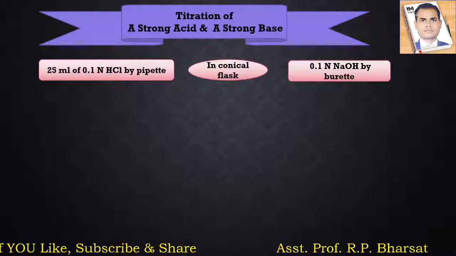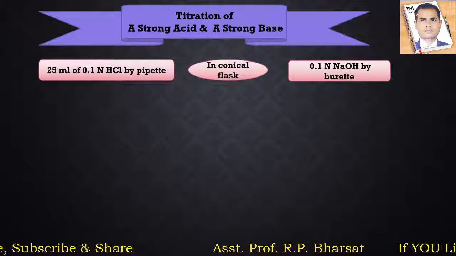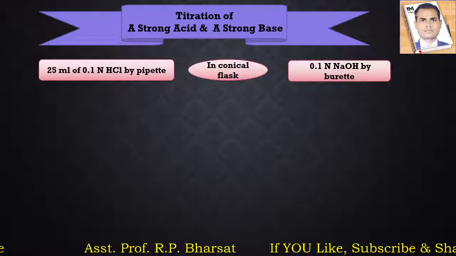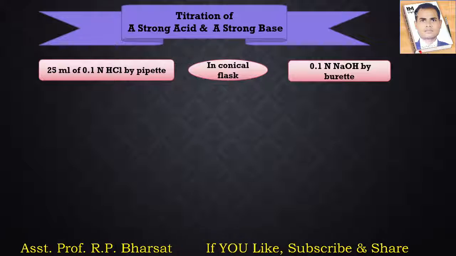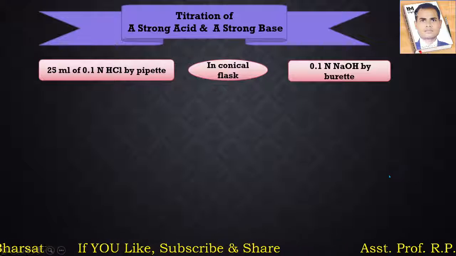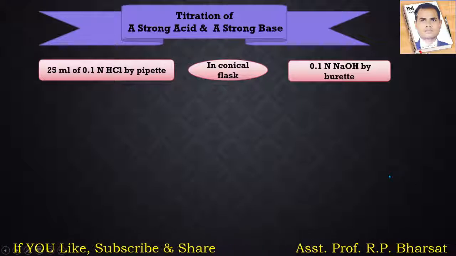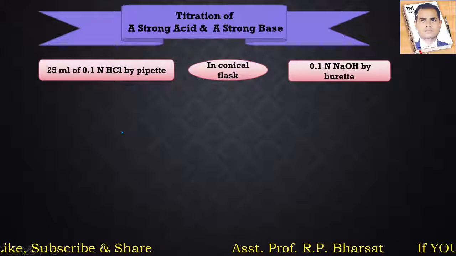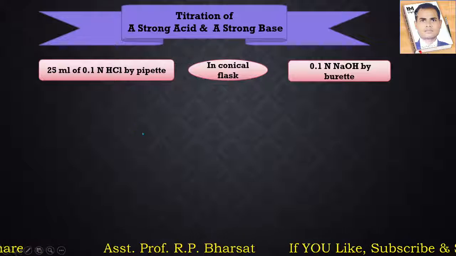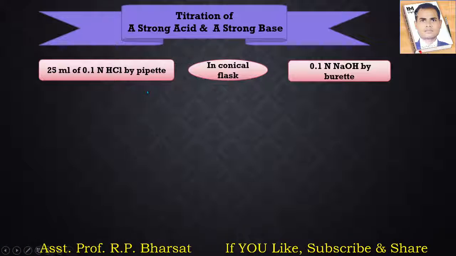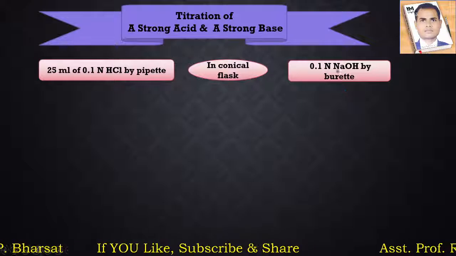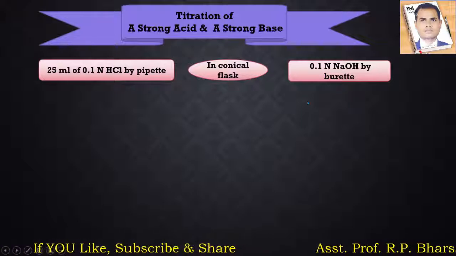In this titration, HCl is a strong acid and NaOH is a strong base. One more thing, HCl is the titrate and NaOH is used as the titrant. So take 25 ml of 0.1 normal HCl in a conical flask by pipette, and fill the NaOH into the burette.